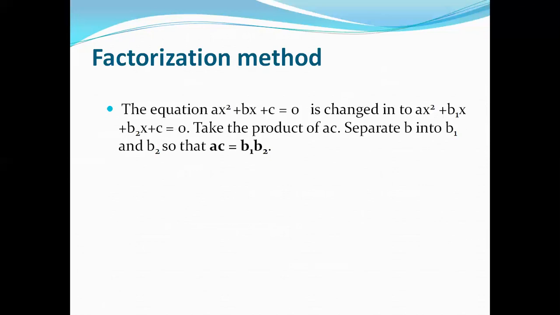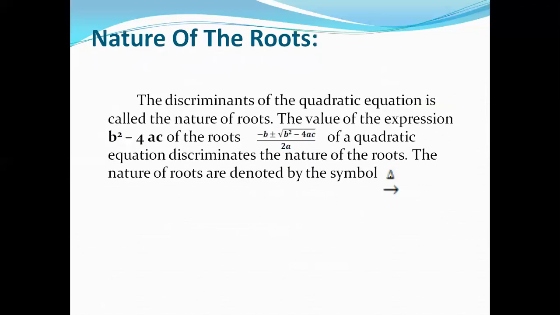The equation ax squared plus bx plus c equal to 0 is changed into ax squared plus b1x plus b2x plus c equal to 0. Take the product of a, c. Separate b into b1 and b2 so that ac equal to b1 b2.